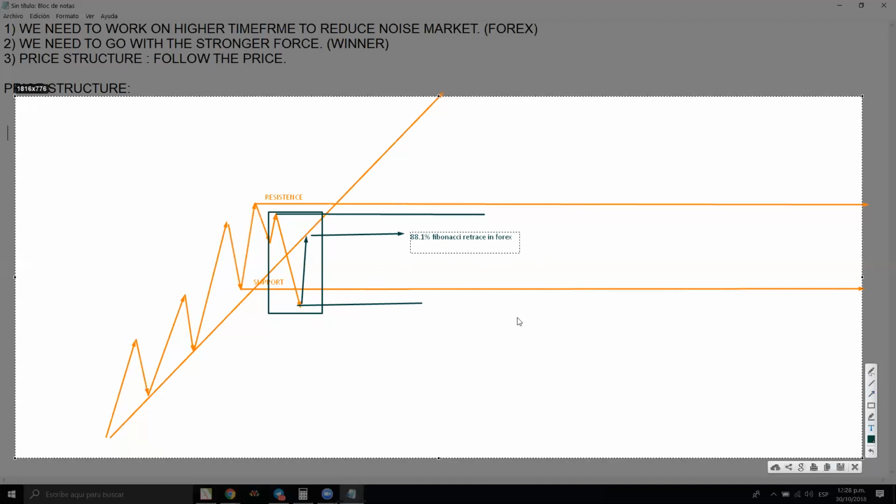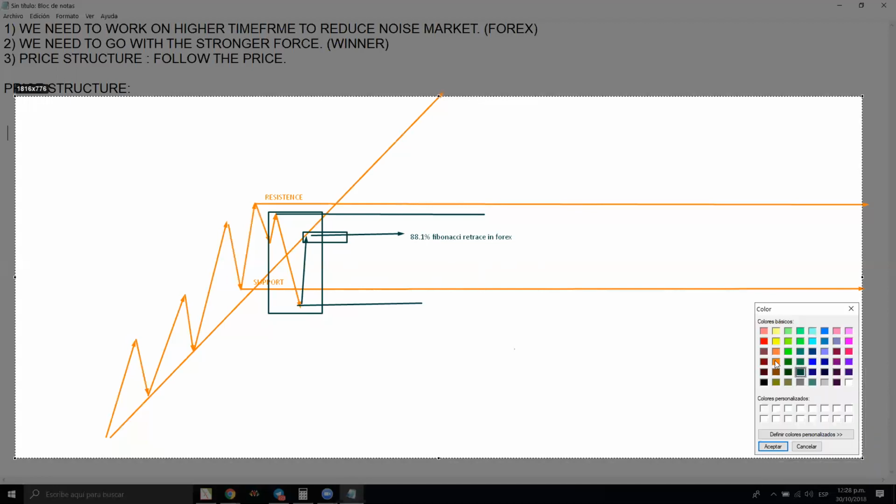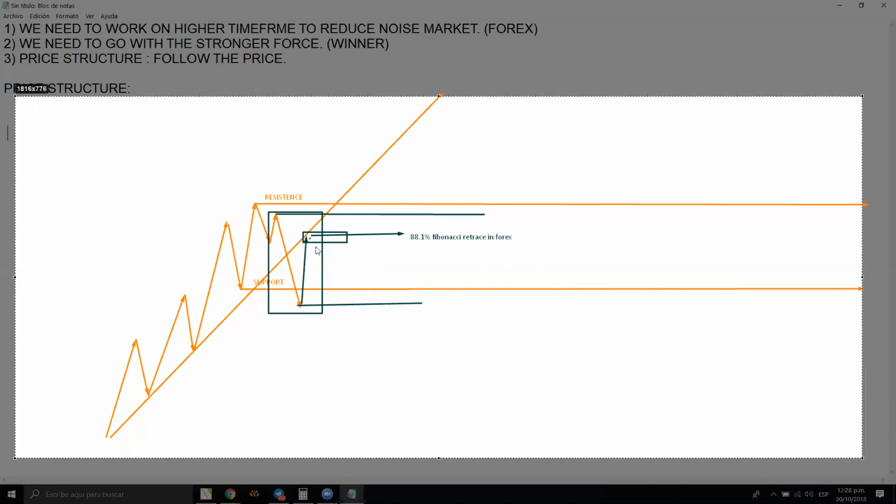This is a secret, or the best time to enter in a downtrend. Usually the price can continue and make its move into the new direction, and you enter when the price structure is broken.